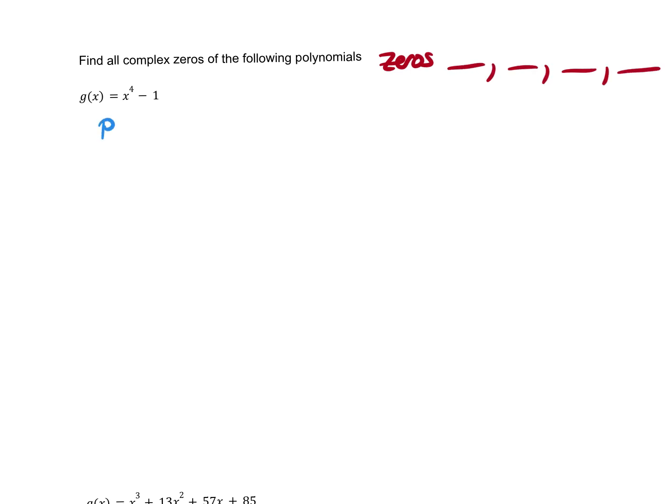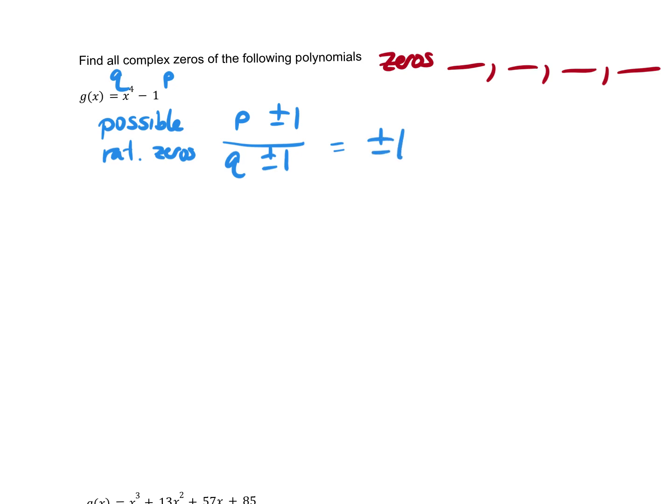Now, if I talk about the possible rational roots, or possible rational zeros, the p over q, well, p in this case is factors of the constant, which is 1, and q is factors of the first number, which is also 1. So if I do p divided by q, I just get plus or minus 1. So the only ones that work are plus or minus 1.